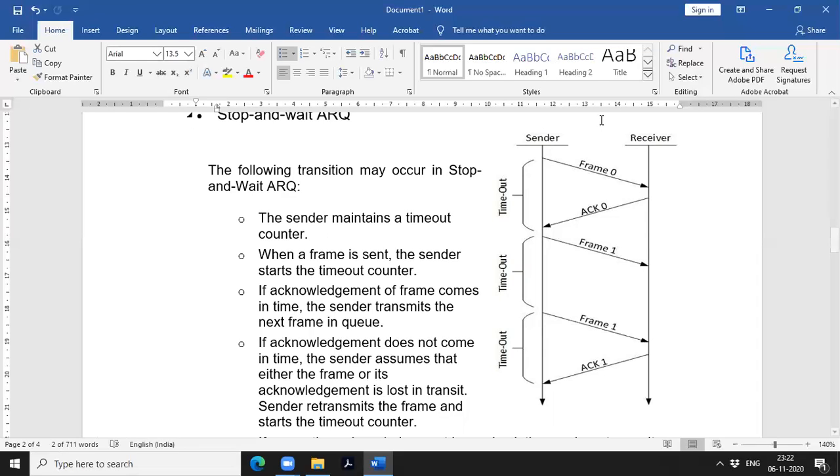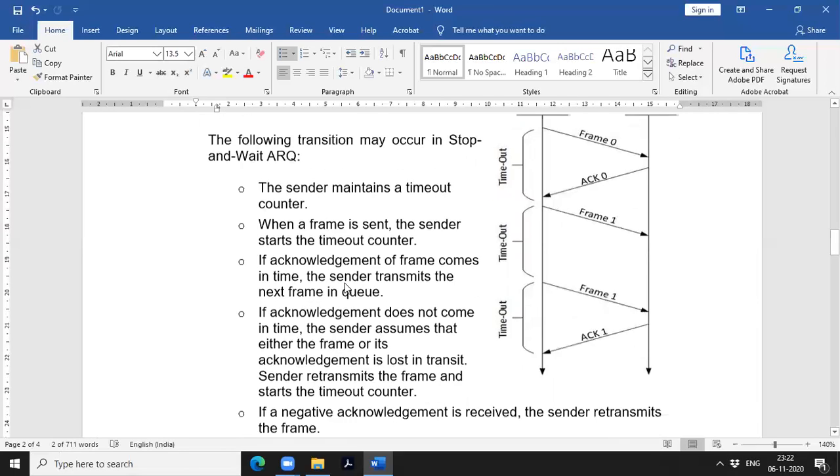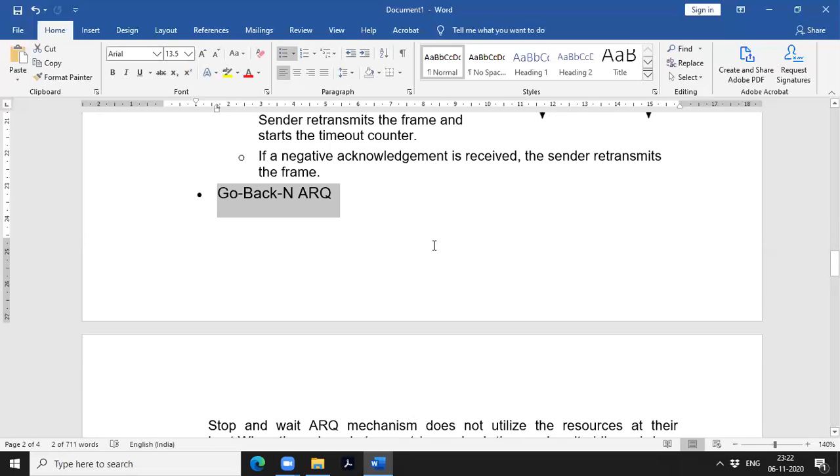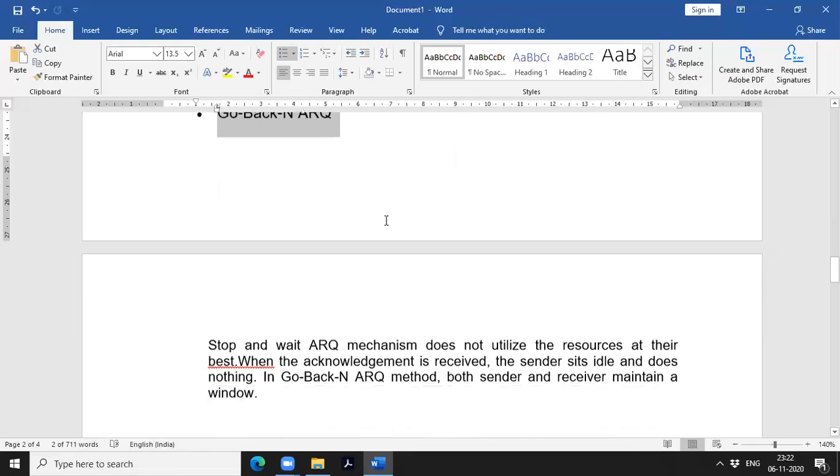We have to wait more time from the sender side and the receiver side also, so it doesn't utilize all the hardware equipment. Therefore we are using a new concept called Go-Back-N automatic repeat request.